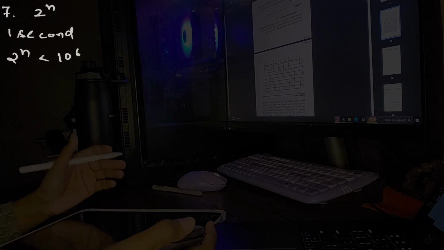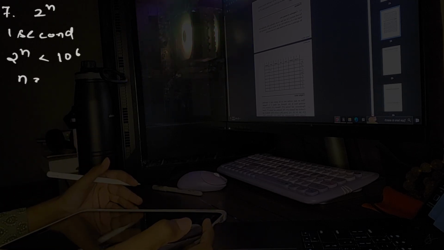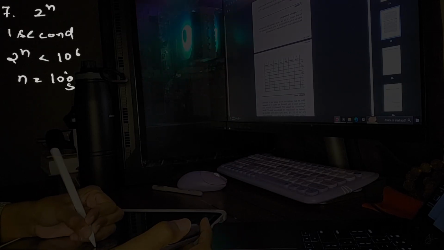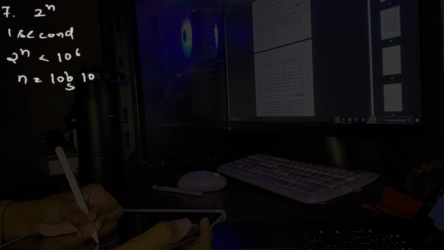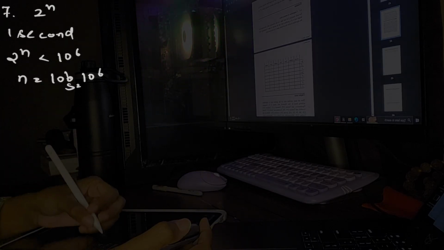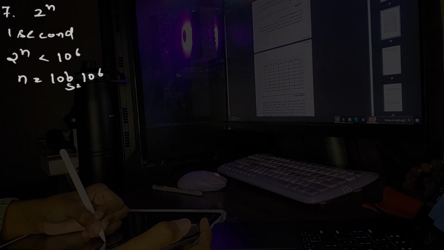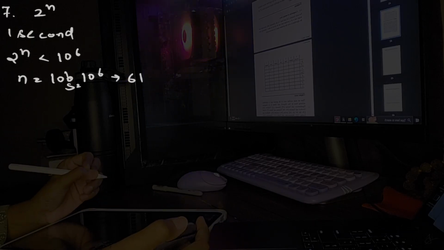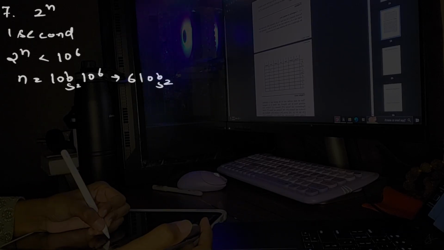So now n will be log of 10 to the power of 6, log of these two, obviously, because it has gone like that, which will eventually turn out to be 6 times log 10.